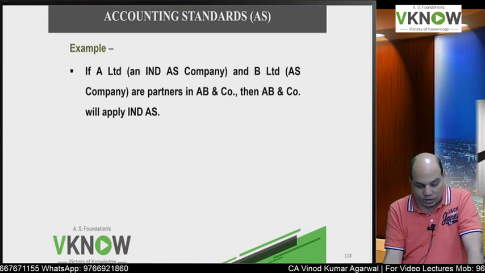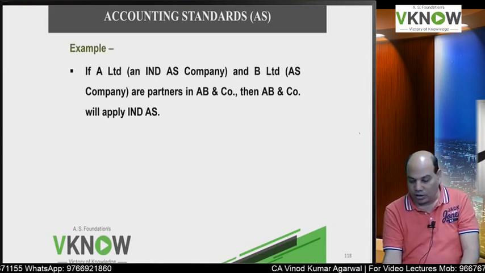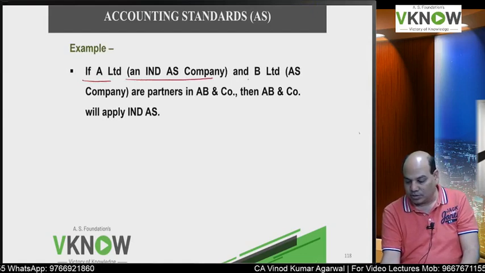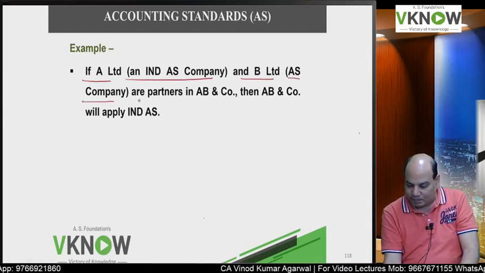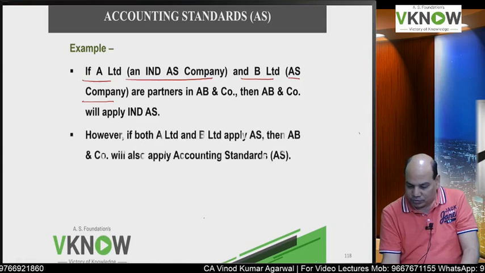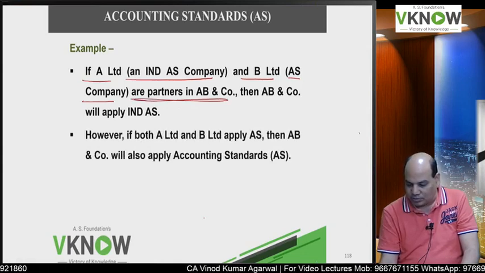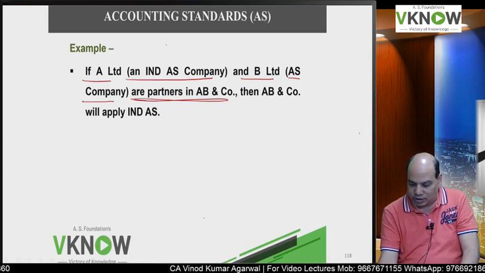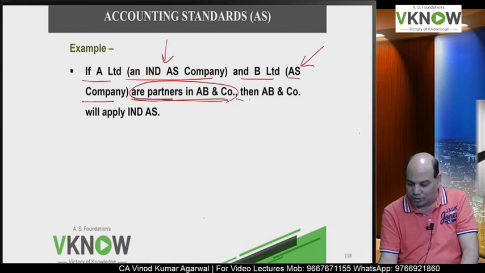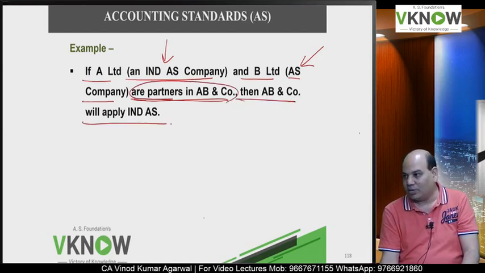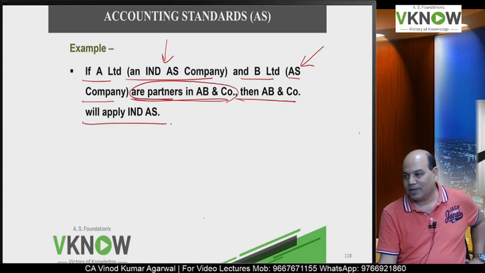Okay, one example I will take. A Limited, an Ind AS company, and B Limited, an AS company, are partners in AB and company. Oh my God. One Ind AS company, one accounting standard company are partners of AB and company. Then what about AB and company? Will it apply AS or Ind AS?